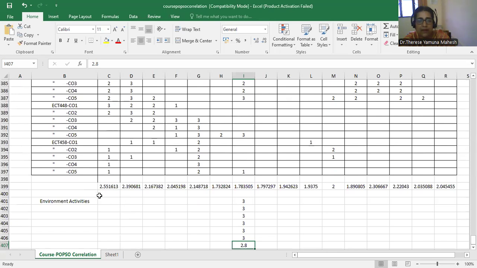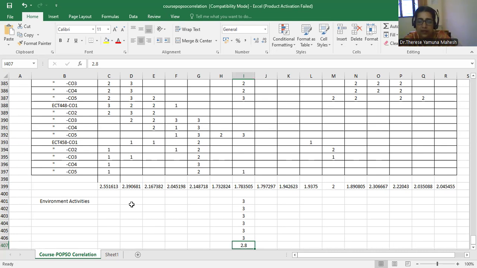So the average value is 2.55 for PO1. What does this mean? This means that the contribution made towards PO1 by all the subjects or the courses taught during the course of the program is 2.55. Similarly, you can see the values for all the other POs and PSOs.